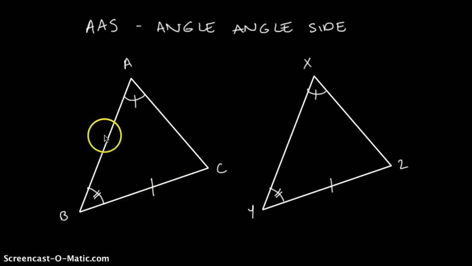Now, this is different than angle, side, angle, because the side, as you see in the title, is not included. It does not have to be in the angles for this to work. So you have two congruent angles and a congruent side anywhere. As long as you have matching and corresponding two congruent angles and one congruent side, the triangles must be congruent. It's just the way it works.